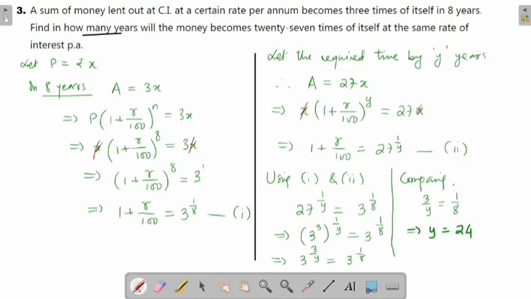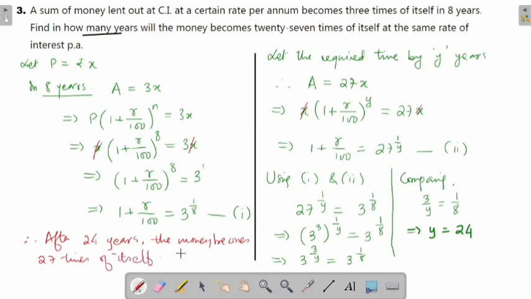So after 24 years, y stands for the number of years, right? So after 24 years, the money becomes 27 times of itself.